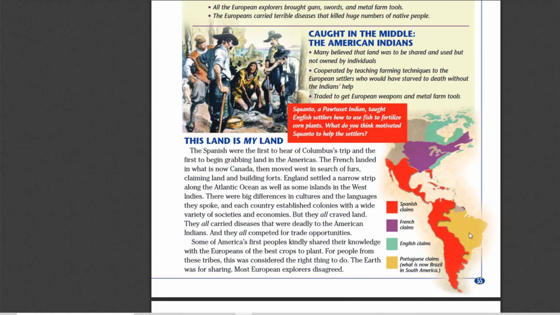Brazil is a former Portuguese colony, and the rest of these are Spanish colonies. So that's why they all speak Spanish through here. You got the Portuguese speaking here, and then English spoken through here, and of course French is spoken here in Quebec. And if you remember New Orleans, there's a lot of people that have at least a strange French accent, and that's all because of who settled there in these areas.